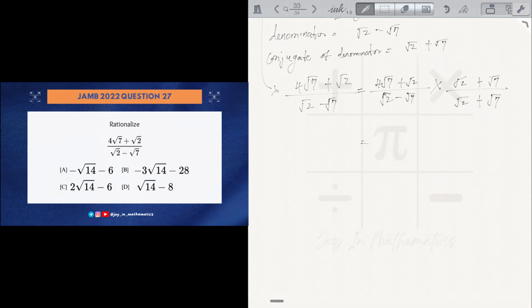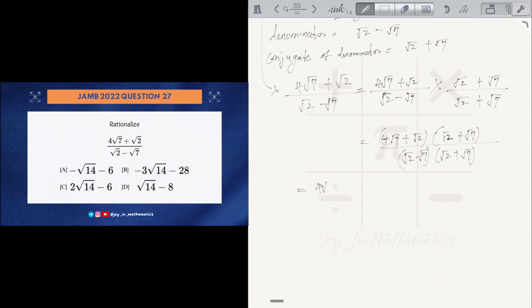We take the LCM. The LCM here will be root 2 minus root 7 multiplied by root 2 plus root 7. So we have 4 root 7 plus root 2 multiplied by root 2 plus root 7. Just like normal opening of brackets, we do the same for numerator and denominator.